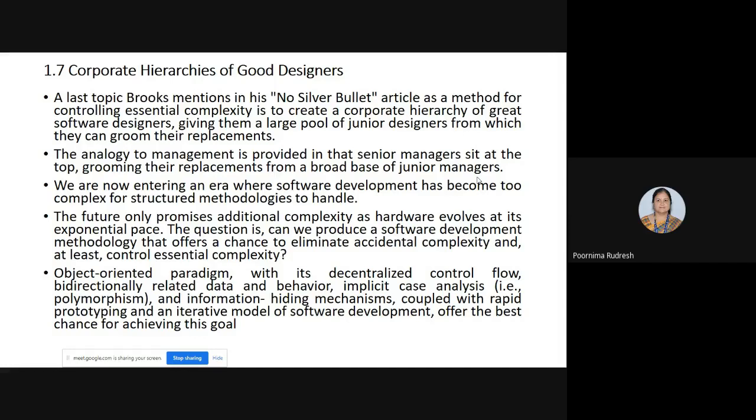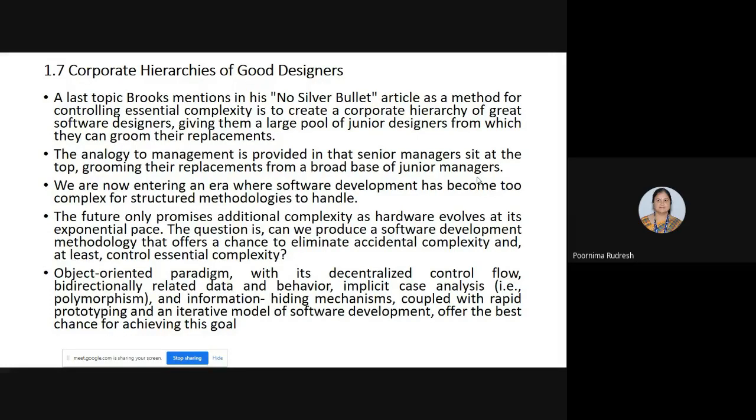And next we are concentrating on what method we can use during software development to eliminate the accidental complexity and to control the essential complexity. For that, we can make use of the object-oriented approach so that we can eliminate the accidental complexity and we can control the essential complexity to some extent.